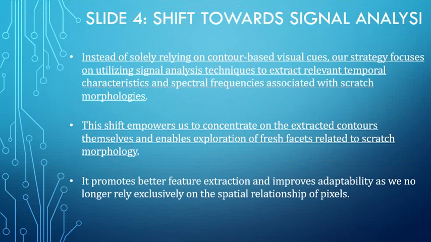Instead of solely relying on contour-based visual cues, our strategy focuses on utilizing signal analysis techniques to extract relevant temporal characteristics and spectral frequencies associated with scratch morphologies. This shift empowers us to concentrate on the extracted contours themselves and enables exploration of fresh feature sets related to scratch morphology.